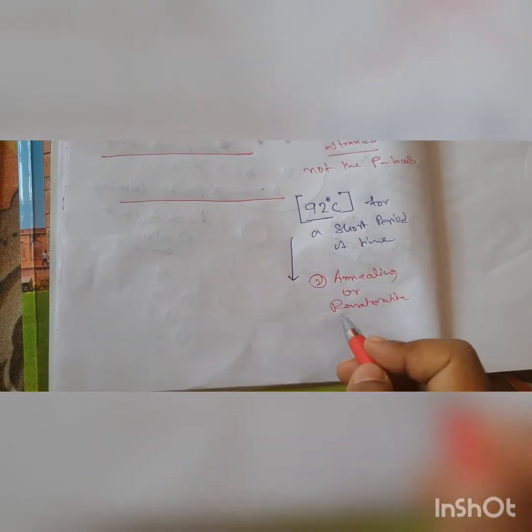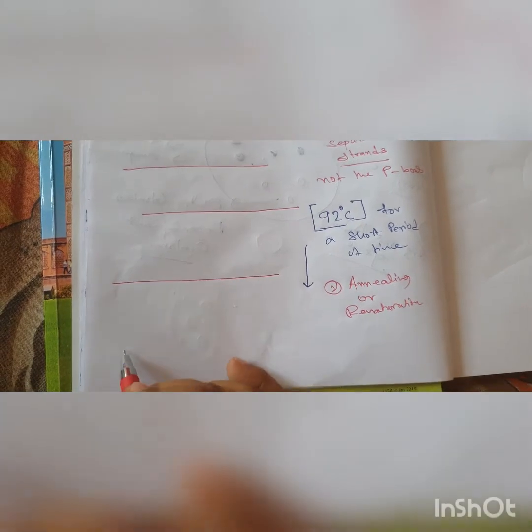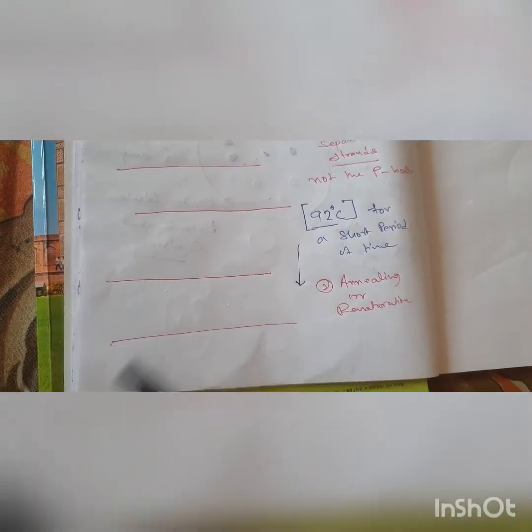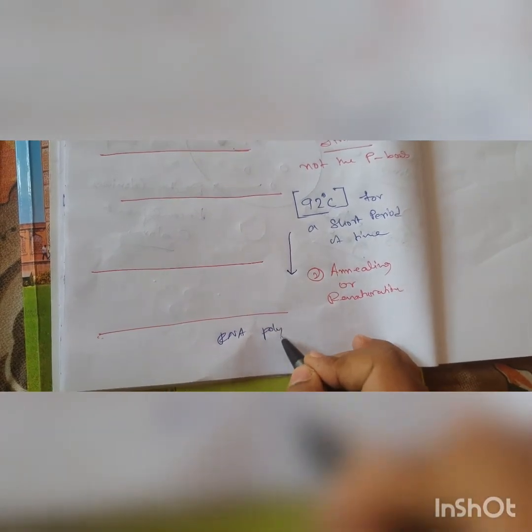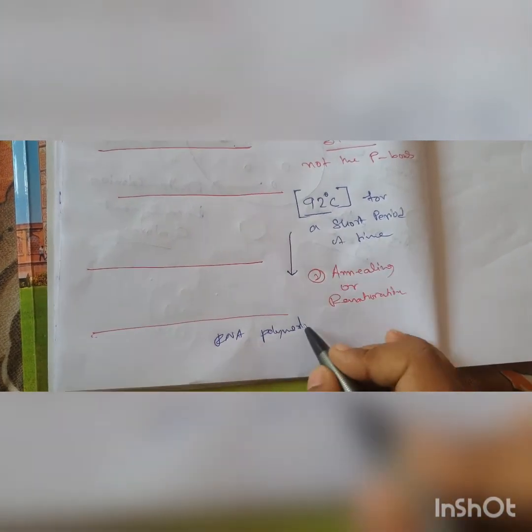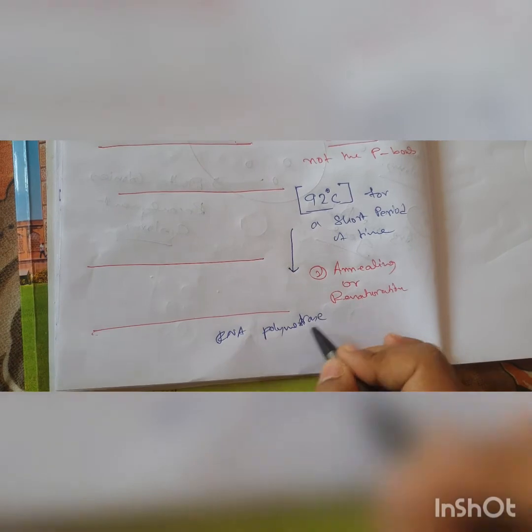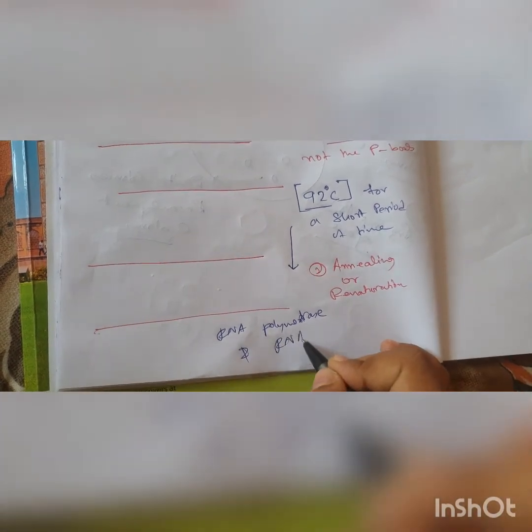Next is annealing or renaturation. Here you will lower the temperature a little bit, and suppose the DNA strands are separated, you will add RNA polymerase and RNA nucleotides.